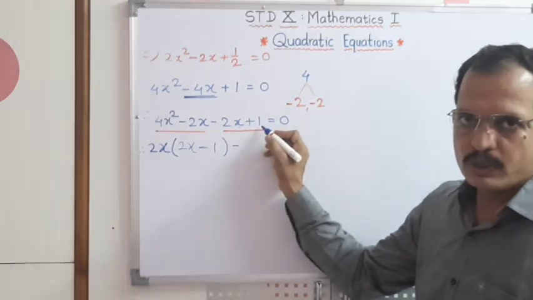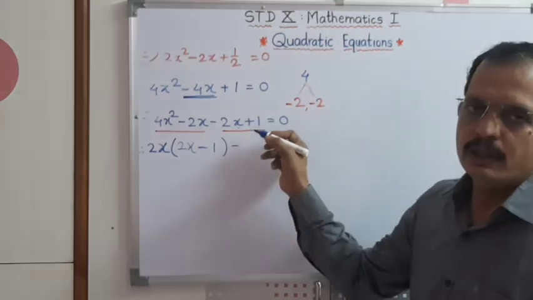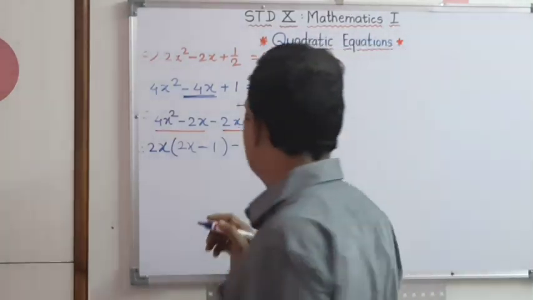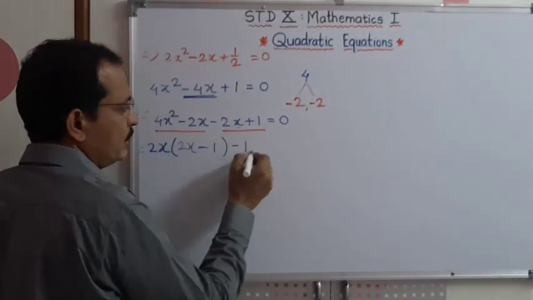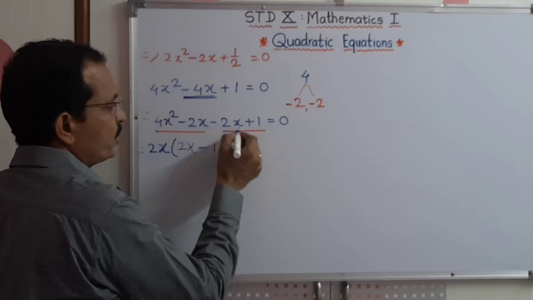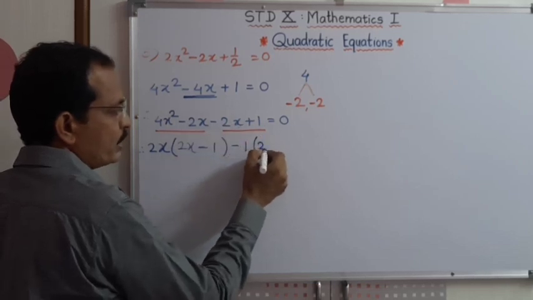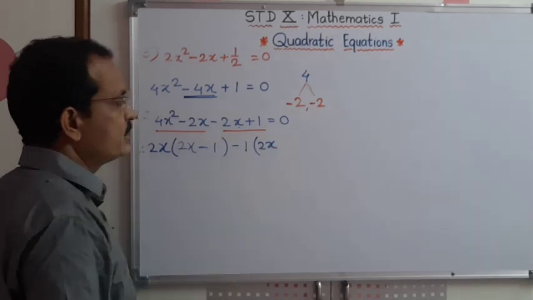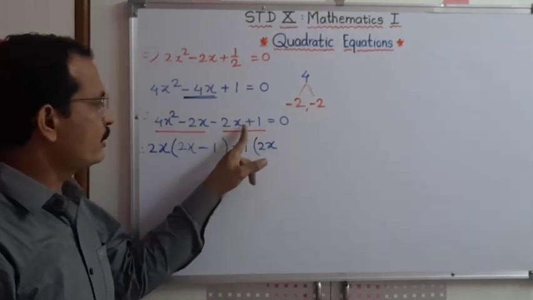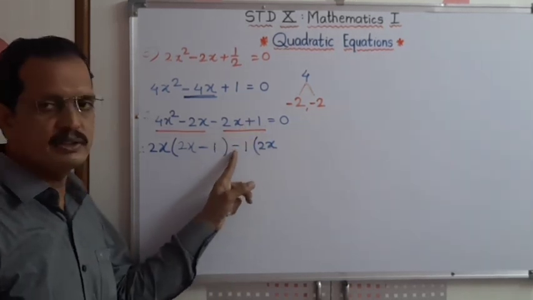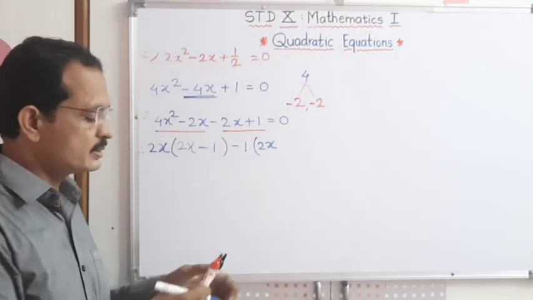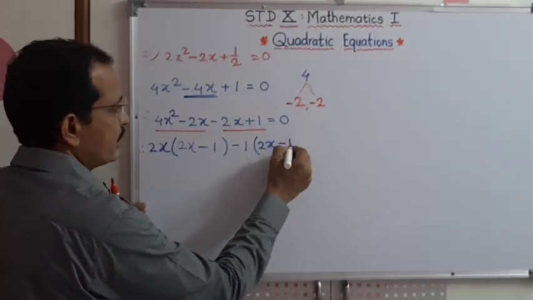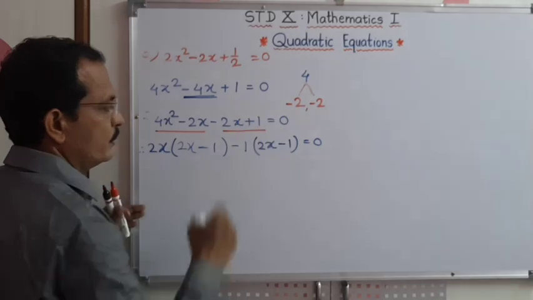Which is the smaller one? 1 is the smaller one. In the table of 1 there is a 2, therefore we take out 1 as common. Then from this we take out 1 as common, therefore 2x, and this plus sign gets changed. This plus sign does not change every time. It changed because here it is the minus sign. Remember this. Now here it is minus 1 equal to 0.